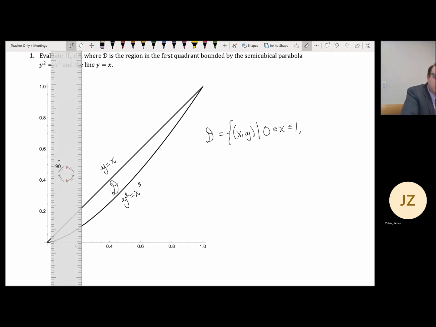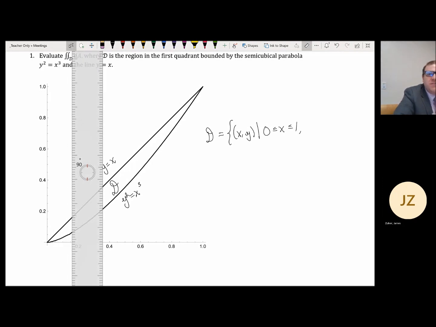From y squared equals x cubed to y equals x, right? But we want those as functions of x. So as a function of x, what is that bottom curve?